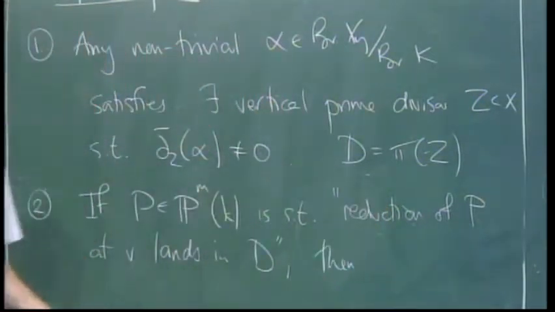Well, then what I end up with is the fiber at P is going to be smooth, but its reduction at this particular place is going to be singular, and I'm going to be in the situation of the lemma, just by some commutative diagram property, which I won't draw.